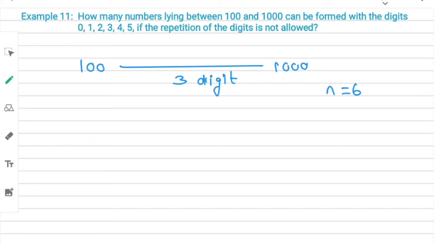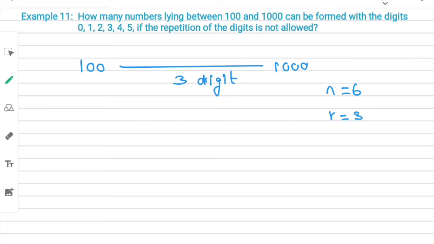And we are going to form 3 digits. That means r is equal to 3, if the repetition of the digit is not allowed. Okay, fine. Now the numbers are 0, 1, 2, 3, 4, 5.